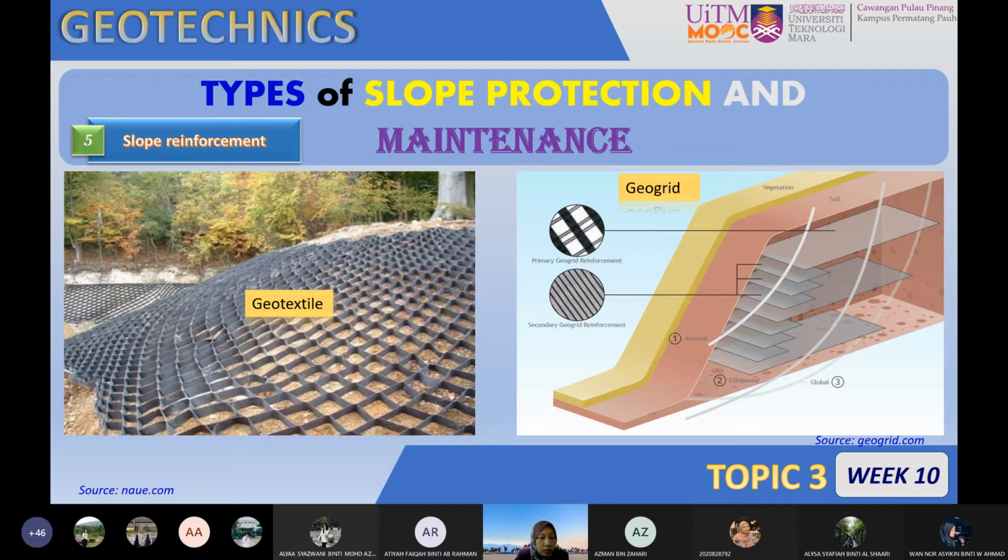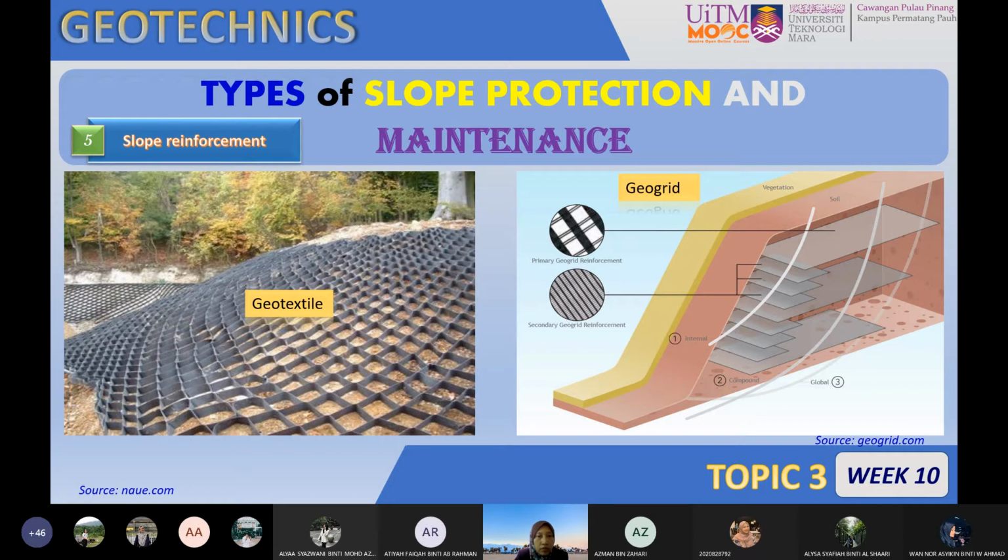And what are the differences between geotextile and geogrid? You can see the scalable shape of the product itself. Somehow it has a kind of honeycomb shape, and somehow a rectangular shape.